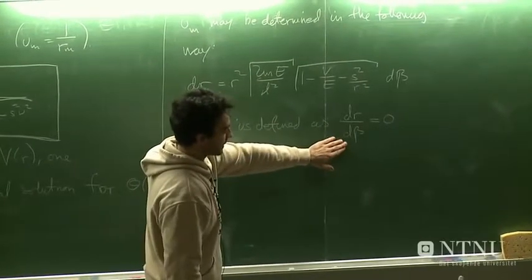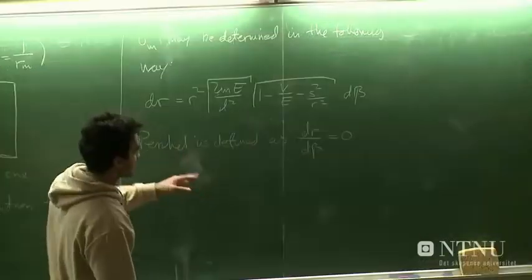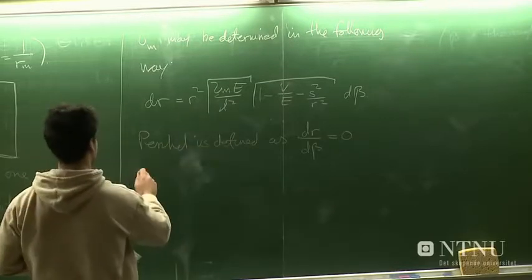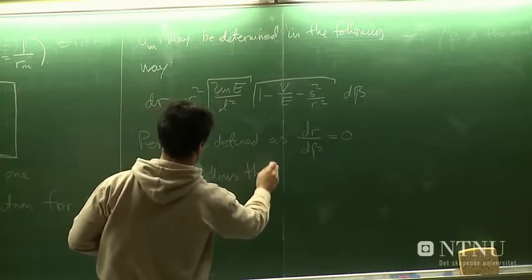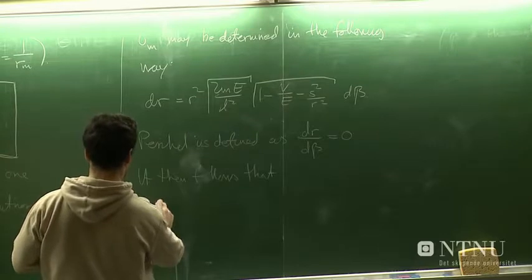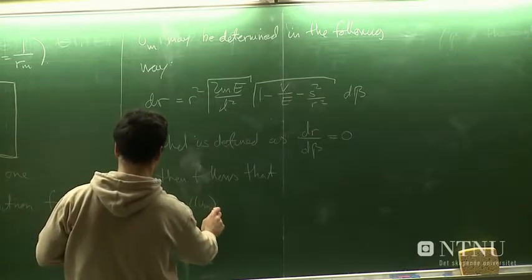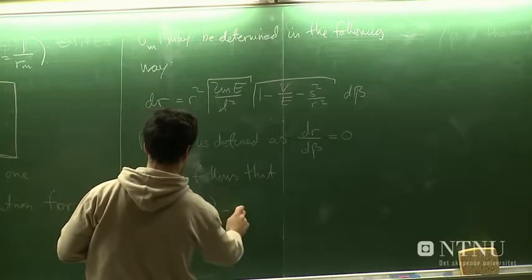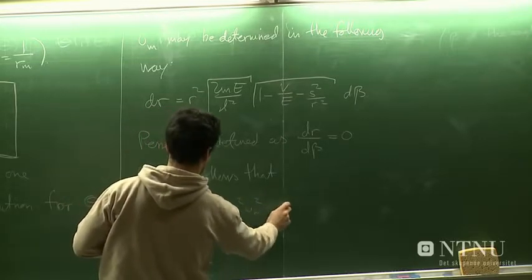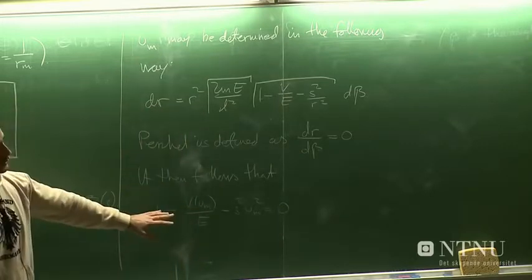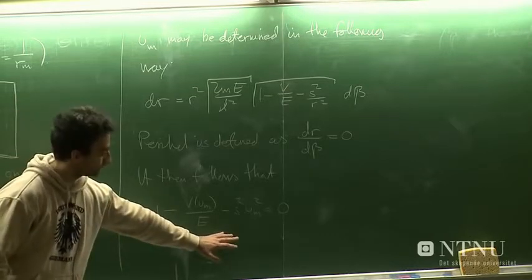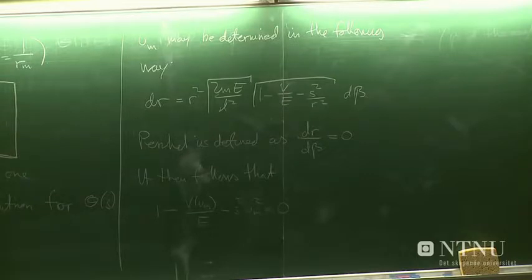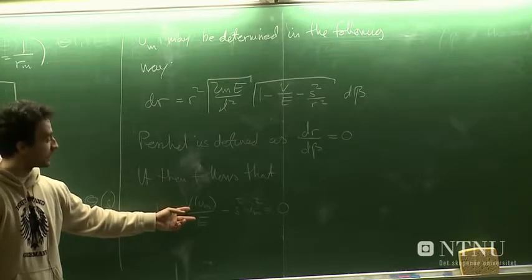So if dr d beta equals 0 defines the perihel, then it follows from this equation that u_m, which is equal to 1 over r_m, has to satisfy this equation. Which also depends on the potential energy, but for a nice potential energy, this should be solvable.